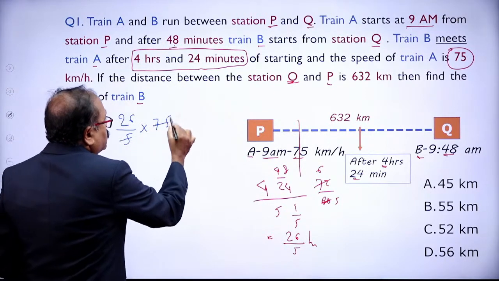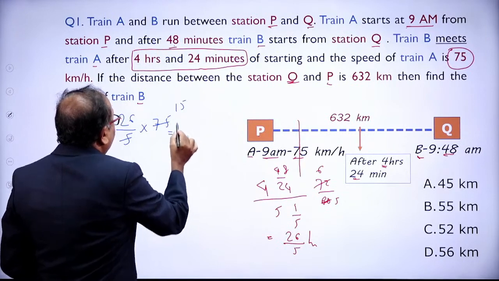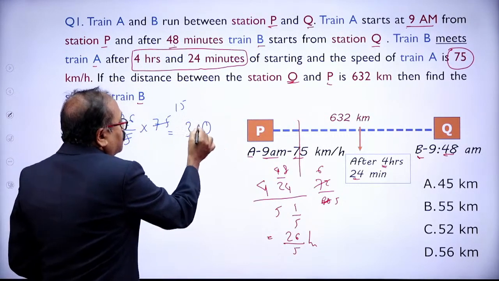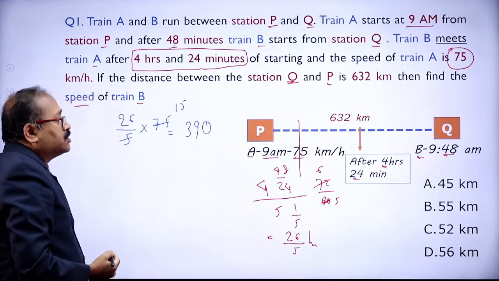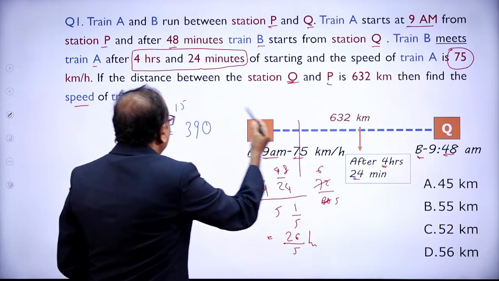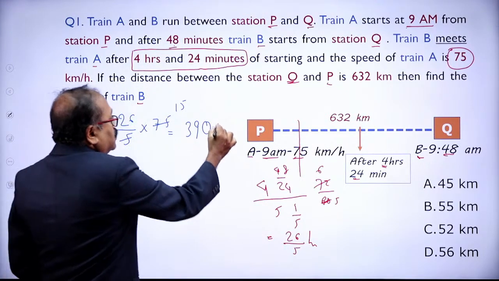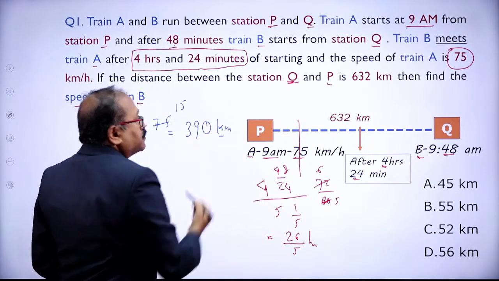So here I notice that 15 times 26 is 390. So out of 632 kilometers, the train A covers these many kilometers.